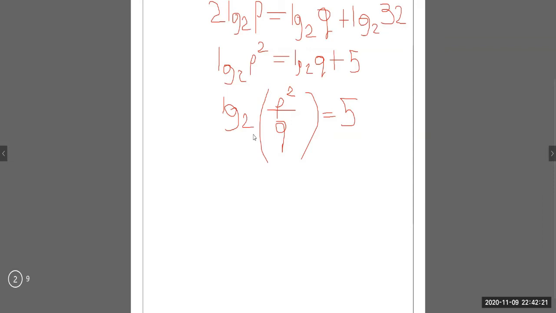Log base 2 of 32. Yes, sir. 5. Right, so you're saying p squared over q is 32. Yes, sir. All right. So p squared over q is 32. Then what else are you saying to me? No, sir, that's not what I'm saying. We're starting over. Okay.